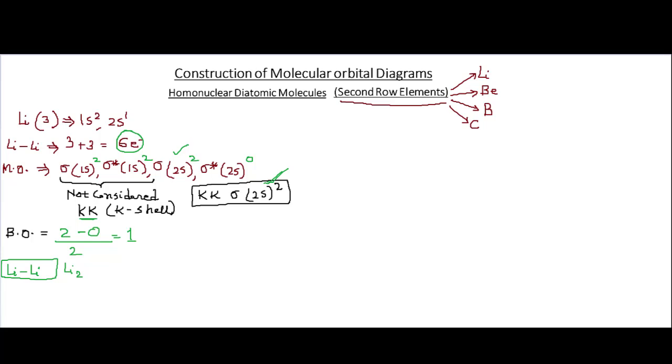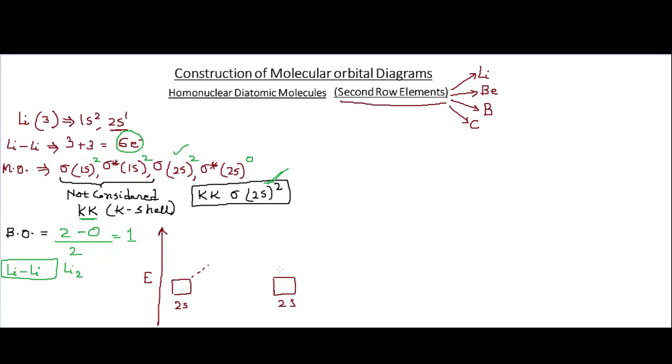Now quickly we can draw the energy level diagram also. It's easy here because we are discussing only the outermost orbitals. So 2s in case of lithium, so for 2 lithium atoms, 2s and 2s, right?